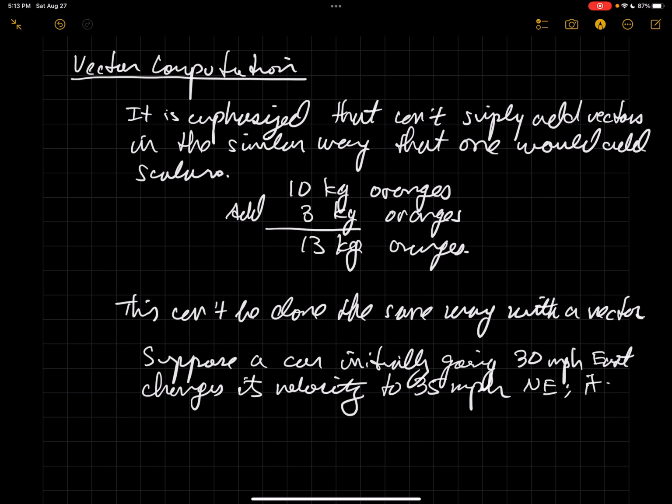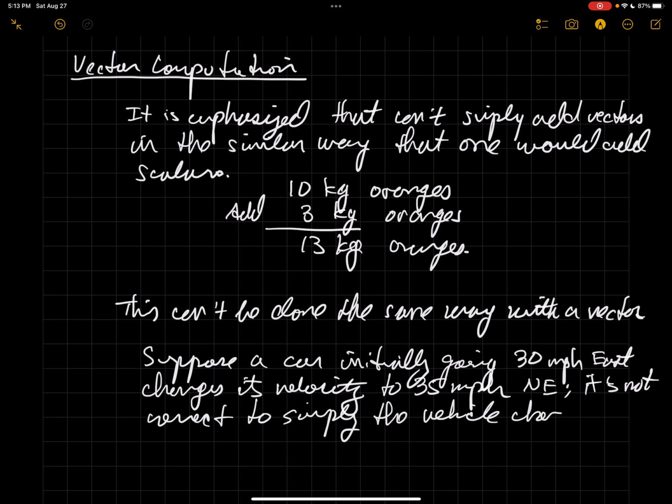It's not correct to simply say the vehicle changed its velocity by 5 miles per hour.